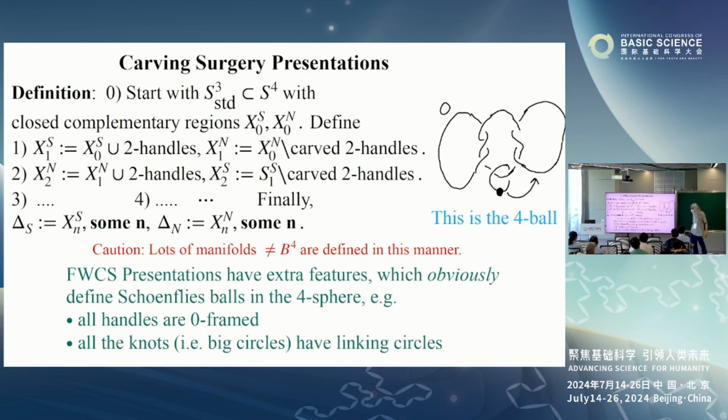Everything in this process happens in the 4-sphere. So to the southern ball, we add 2-handles. But from the northern ball, that has the effect of carving out 2-handles. Now, concurrently, from the southern ball, carve out a bunch of 2-handles, which from the northern part is adding 2-handles. So that's the first step.